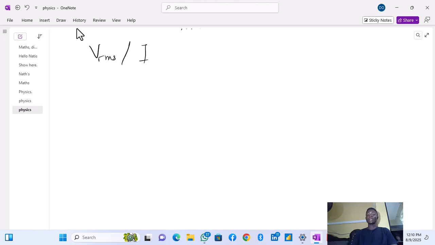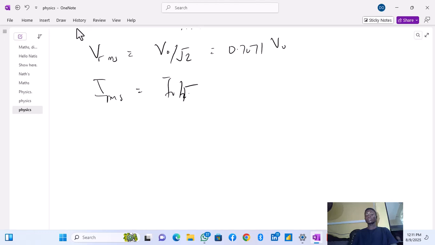Now, don't forget that VRMS, or let's say IRMS. Let me write this one after the other because it can be confusing that way. VRMS will now be V naught over root 2, or 0.7071 V naught. And then IRMS is I naught over root 2, which is 0.7071 I naught. So now, something interesting here.